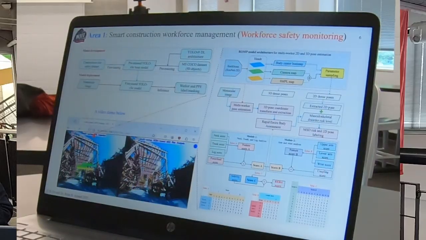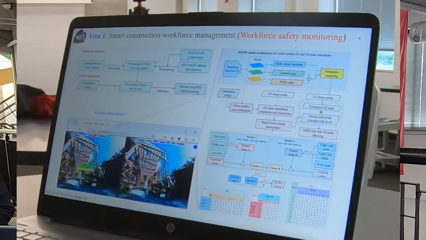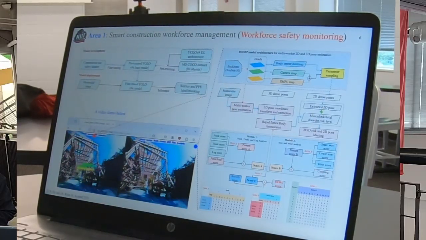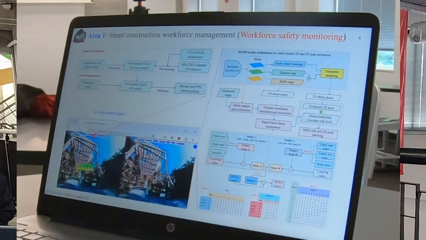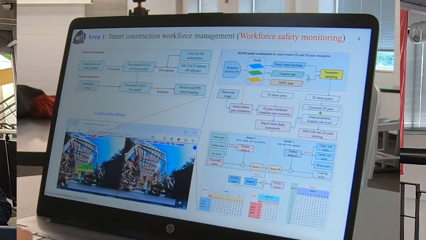Yeah, and then here I recorded one video to show how the teleoperation was performed. On the left-hand side, I was driving the robot. On the right-hand side, you will see a web page showing the real-time location of the robot, because we want to track our robot, it's our asset. At the bottom of the right-hand side, you will see when I'm turning left or right, the robot will move left and right.